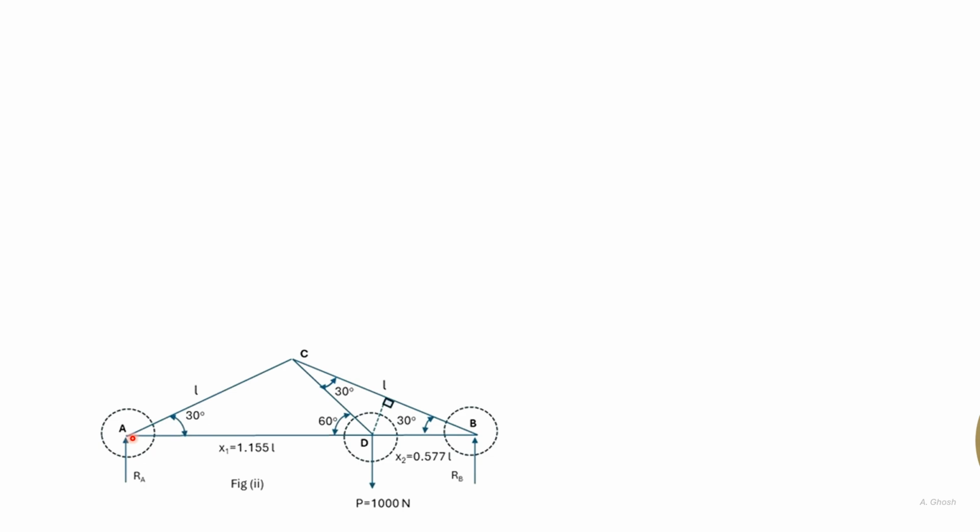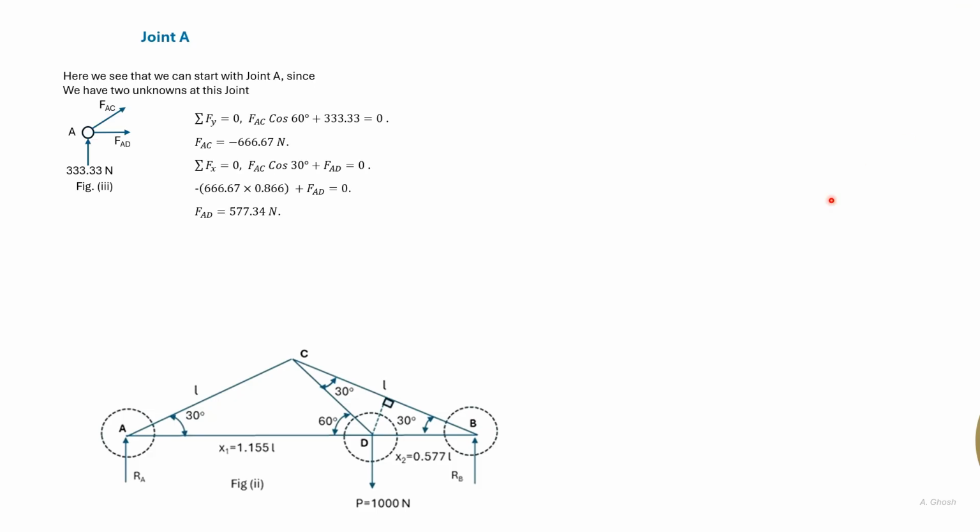At joint A, we don't know the forces in AC and AD. Here we have the free body diagram of forces acting on joint A. We earlier mentioned that there are two equations, summation Fy equals 0 and summation Fx equals 0.